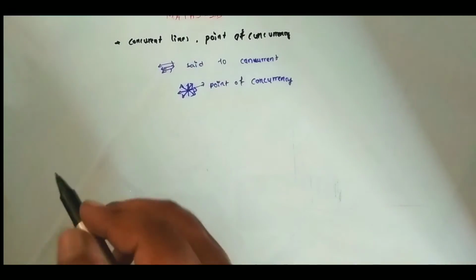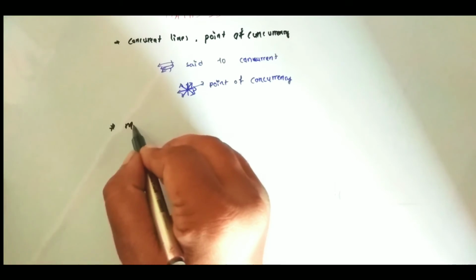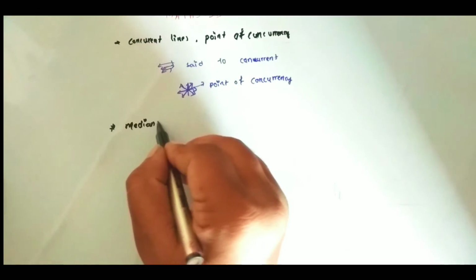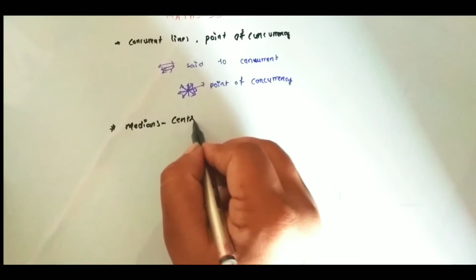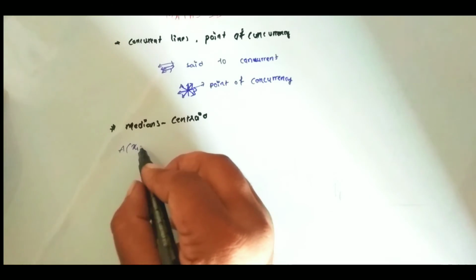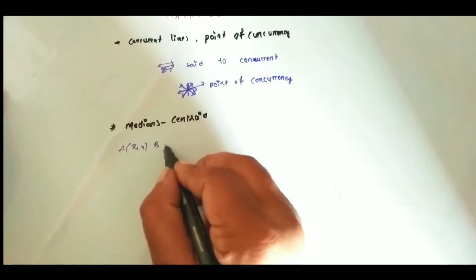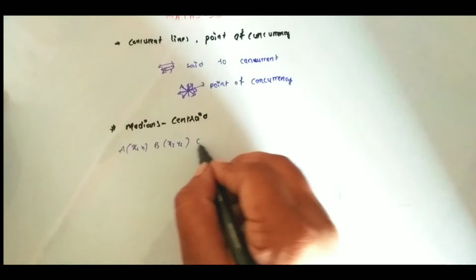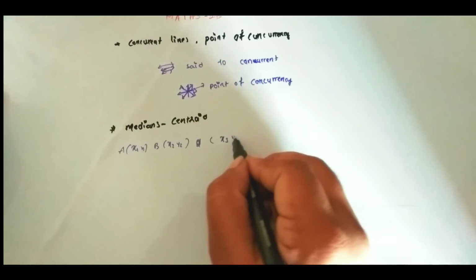And now the next point is medians and centroid. The midpoint we already know, x1 plus x2 by 2 and y1 plus y2 by 2. Now we take 3 points: A x1 y1, B point x2 y2, and C point x3 y3.